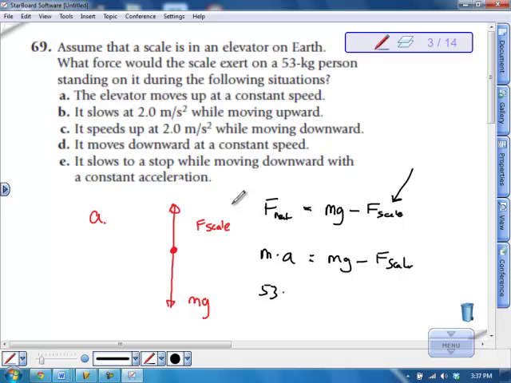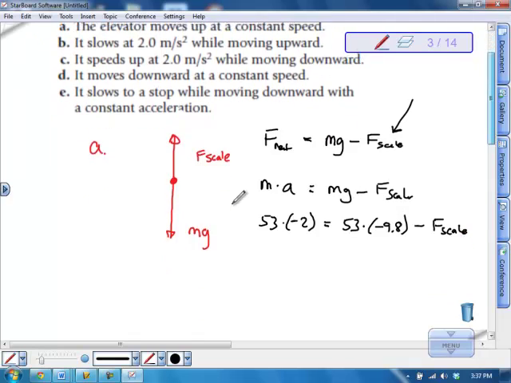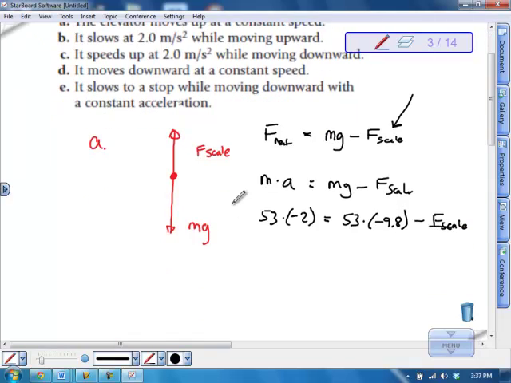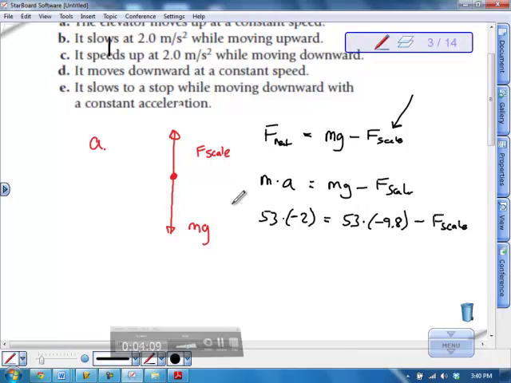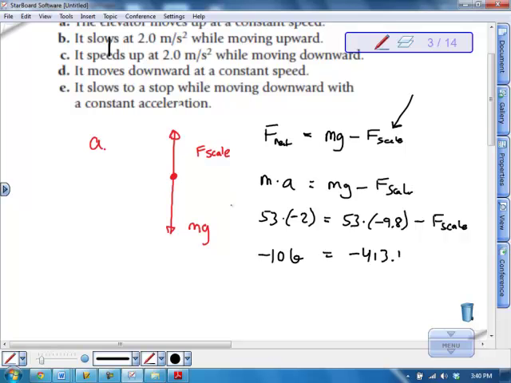So we're going to write -2 equals, now mass is 53 times gravity is -9.8 minus the force on the scale, which is what we're trying to find here. This gives you -106. This gives you -413.4 minus the force from the scale.